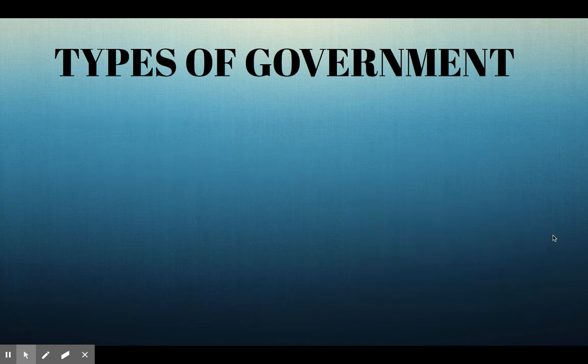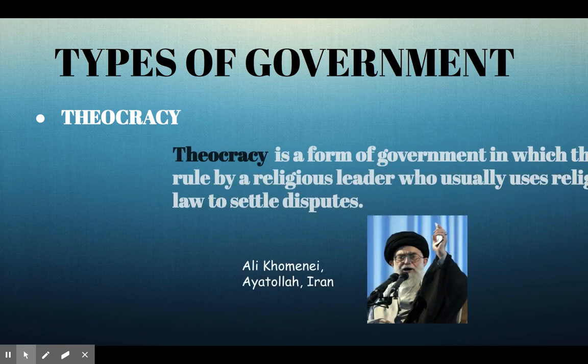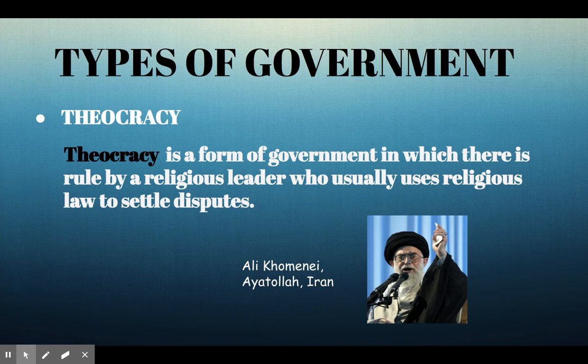Maybe. Okay, what's our next form of government? A theocracy. Some of you probably have never heard of that either. But a theocracy is a form of government where a religious leader rules. And they usually use religious law as the basis for the law for the country and to settle disputes. So the example I've given you is the Ayatollah of Iran.